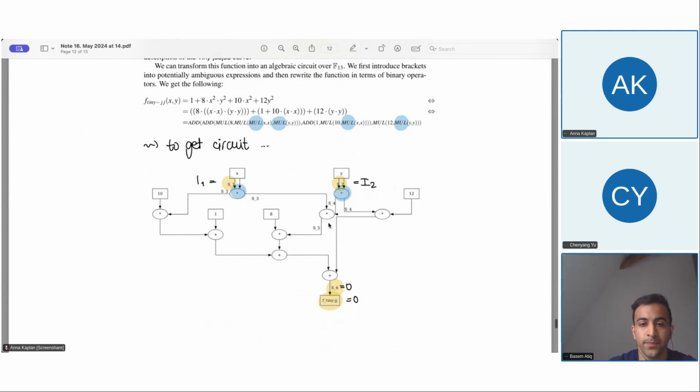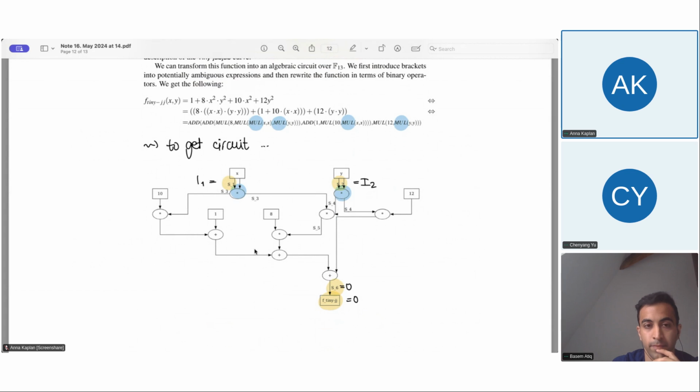Okay, I see. But if you label it in a different way, where you first label 8 times x, and then you take that bracket and multiply it by y, the result of 8 times x multiplied with y, then the node is different. You would first do 8 times x and get an output here, and that would be labeled, and then you multiply that with the S4 in this case.